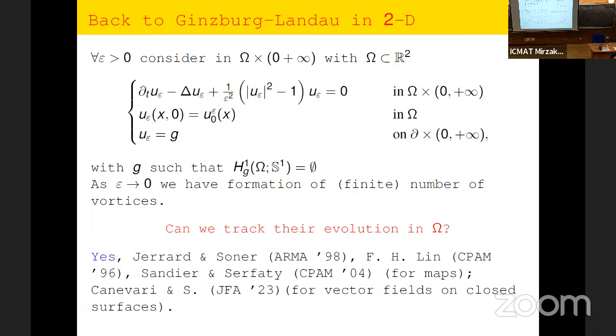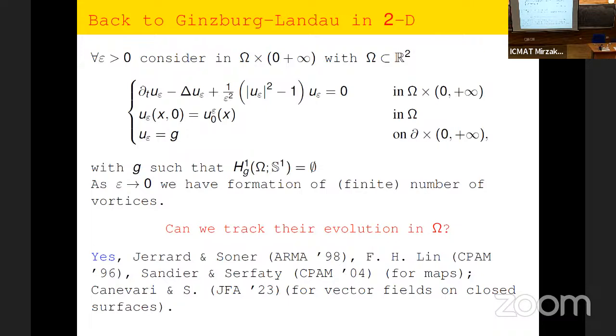Well, the answer is yes, and it has been studied for maps by, for instance, Gérard and Sorin, Fanghua Lin, and Sandier and Serfaty, using different methods. And with Giacomo Canevari, we have a paper that came out this year that studies this situation in the case in which u is a vector field and omega is a closed manifold. And here you don't have the boundary condition, you simply replace the condition on the boundary with a condition on the Euler characteristic of the manifold.